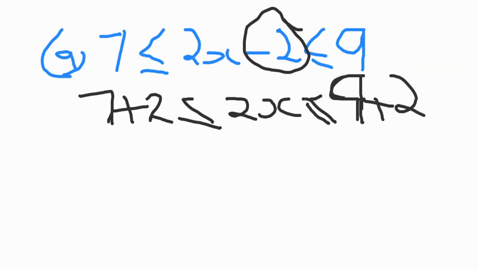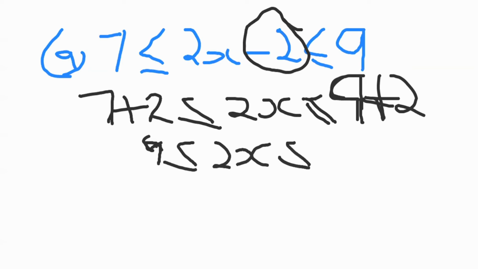All right, so we carry over the 2 on both sides. So we'd have gotten here now 9 less than 2x less than 11. Then we're dividing both sides by 2.